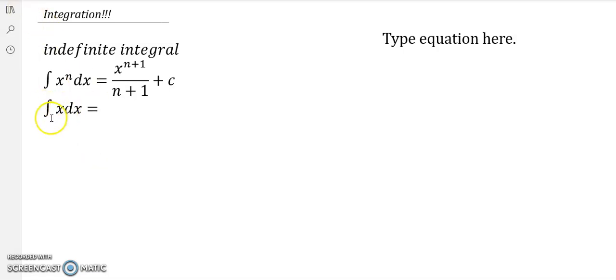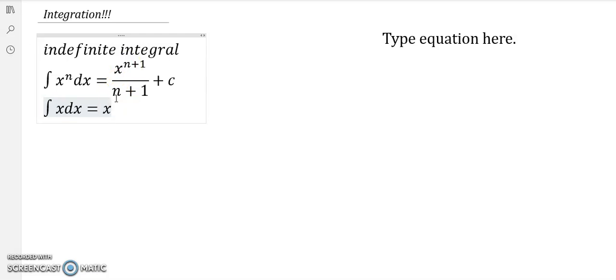For instance, we have the integral of x with respect to the variable x, meaning that to integrate x, remember here we got exponent 1, so in place of n, this time we will replace n by 1.